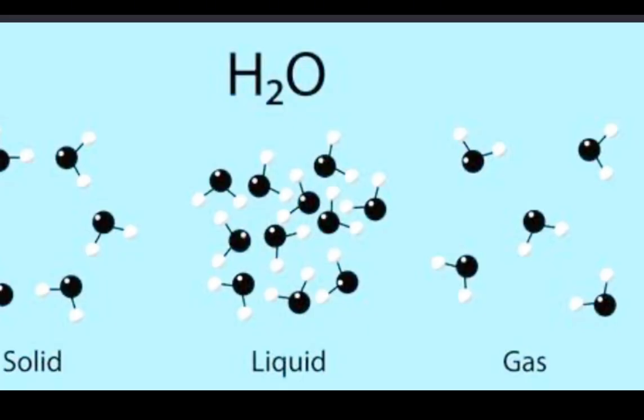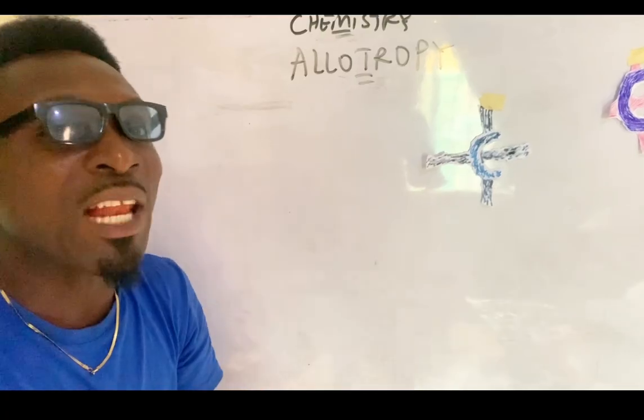Then water in the liquid state, the molecules tend to be further away from each other. Then water in the gaseous state, the molecules tend to be further away from each other. In other words, these atoms remain the same element, but their arrangement tends to change. This gives rise to different forms of that particular substance.